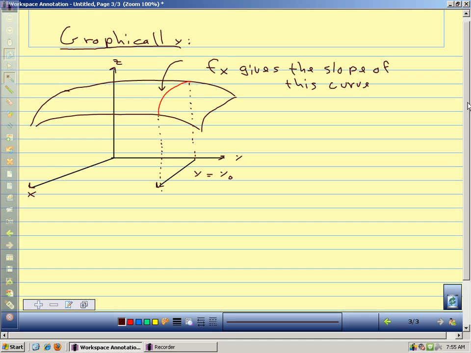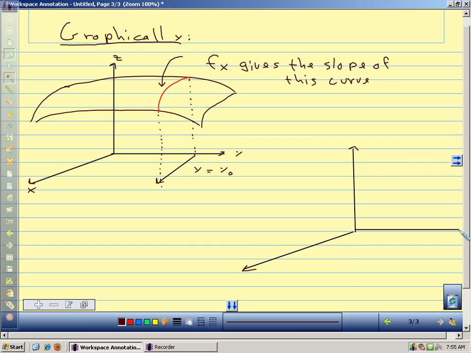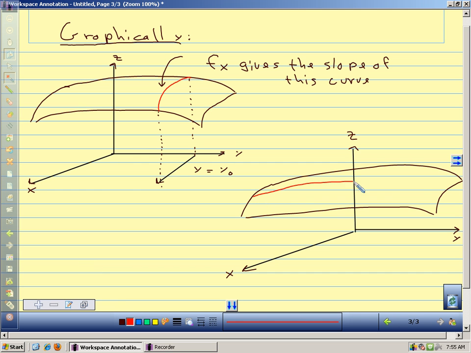And if we look at a drawing for f sub y, we'll do that over here. And here's our surface. And we'll draw a curve along this surface going this direction. And we'll project that down onto the plane.